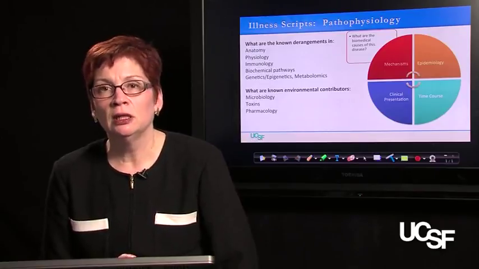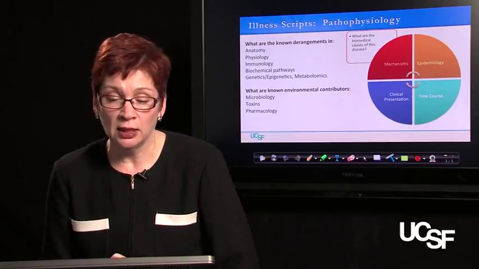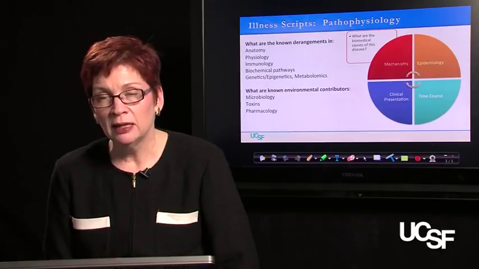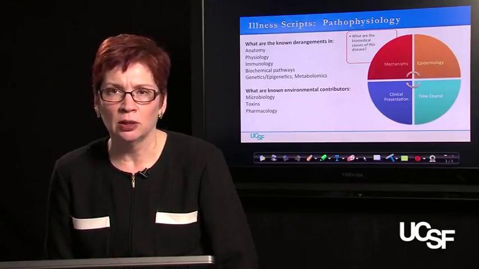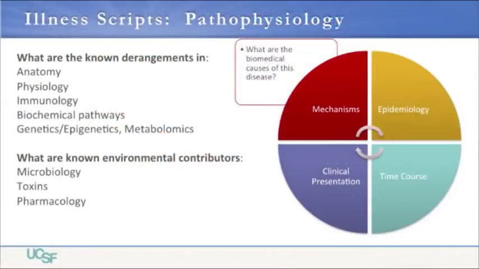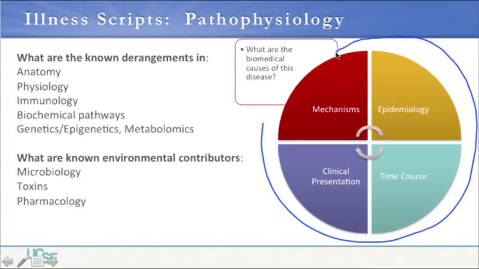The last foundational category of information found in illness scripts is some description of the pathophysiology or mechanism of the disease in which you're considering. And these are known derangements in anatomy or physiology or immunology, biochemical pathways, genomics or proteomics or metabolomics that are causing this phenotypic constellation of signs and symptoms.